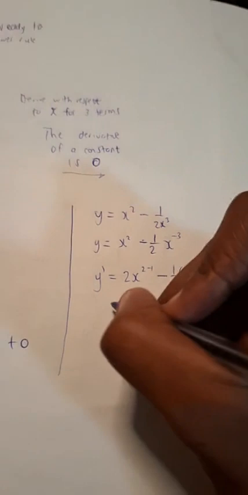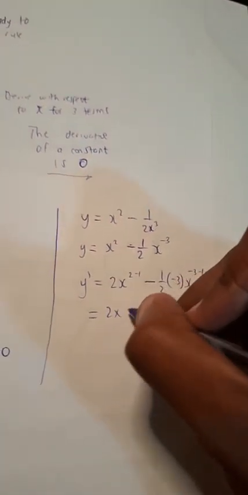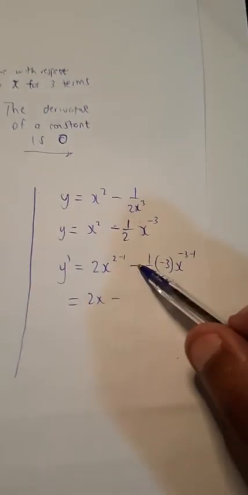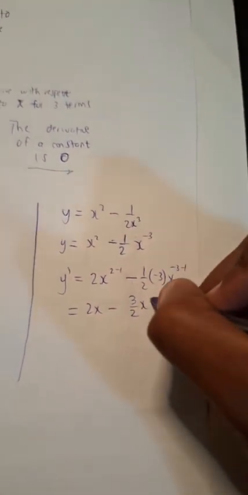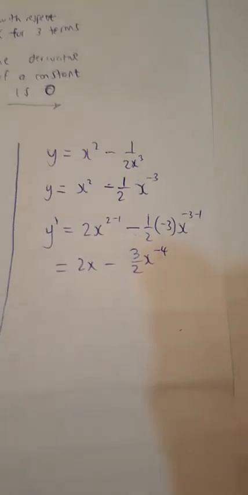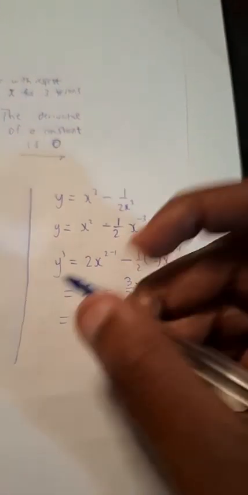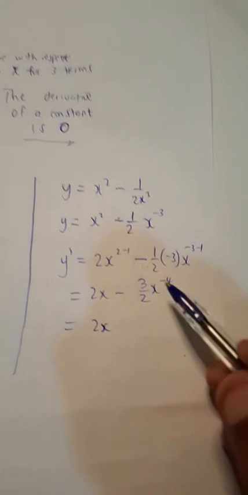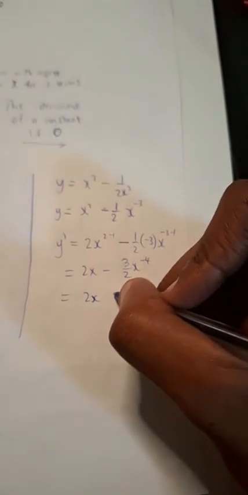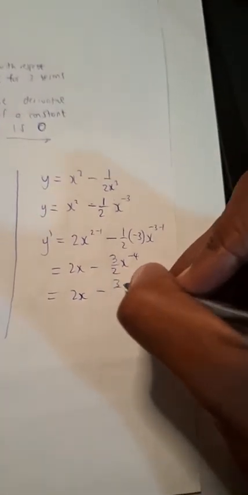Okay, then finally you get 2x minus, the negative times the negative is a positive, so that gives us 3 over 2x to the power negative 4. Does that make sense? And then finally, the grand finale, 2x. Remember, we don't want any negative exponents in our final answer, so that's minus 3 over 2.